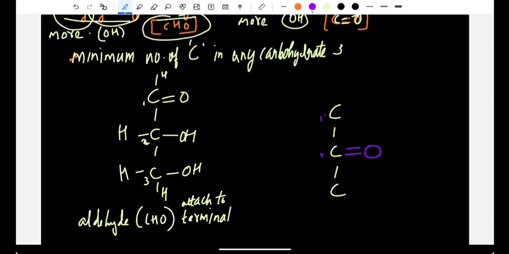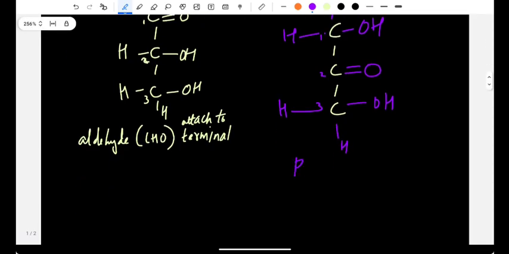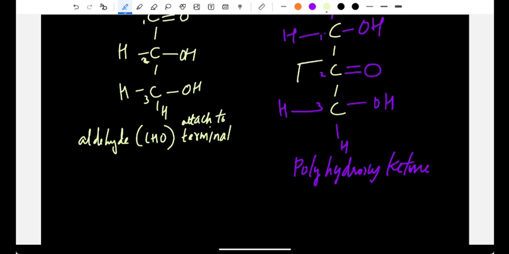So 1, 2, 3: on the second carbon, the ketone will be attached. Here we can balance with H, OH, H. Here OH, H and H. So this one is polyhydroxy ketone.